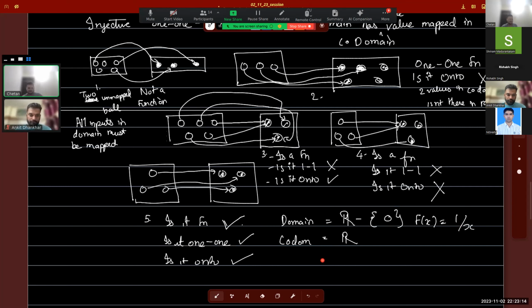Especially we commonly see these functions in fractional form. In those cases, it's quite visible. So in those cases, you cannot have any natural number that gives you 0 in the denominator. So it is not defined for that particular number, right? Correct.